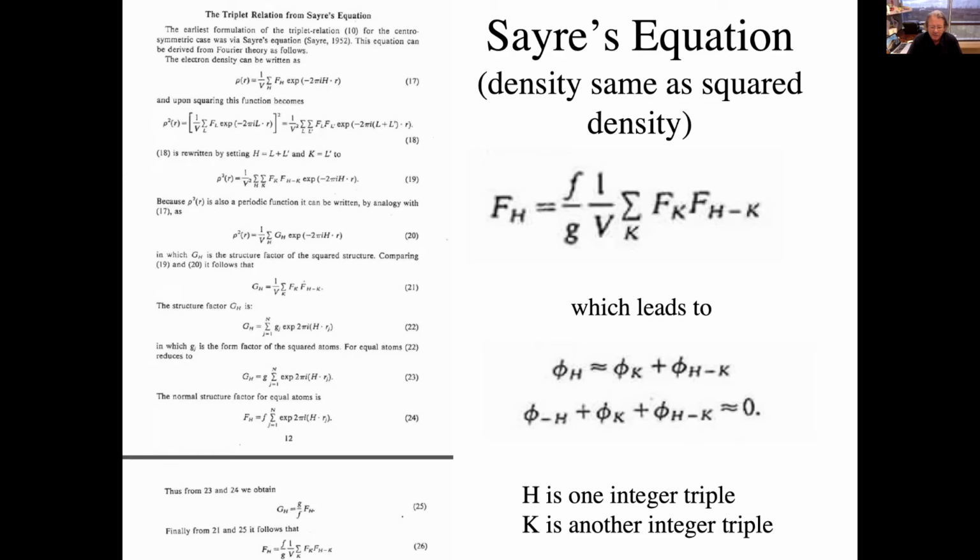And this triplet relationship, this triple H, K, and H minus K, take on phase relationships under the assumptions, which means that the phase of the minus H reflection, the phase of the K reflection, and the phase of the H minus K reflection all add to be 0. Here the wavy lines don't mean approximately 0, they mean most likely 0.